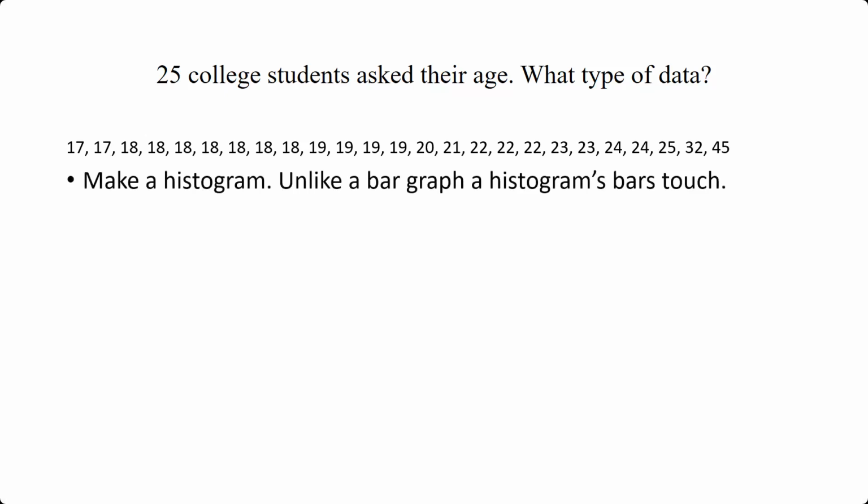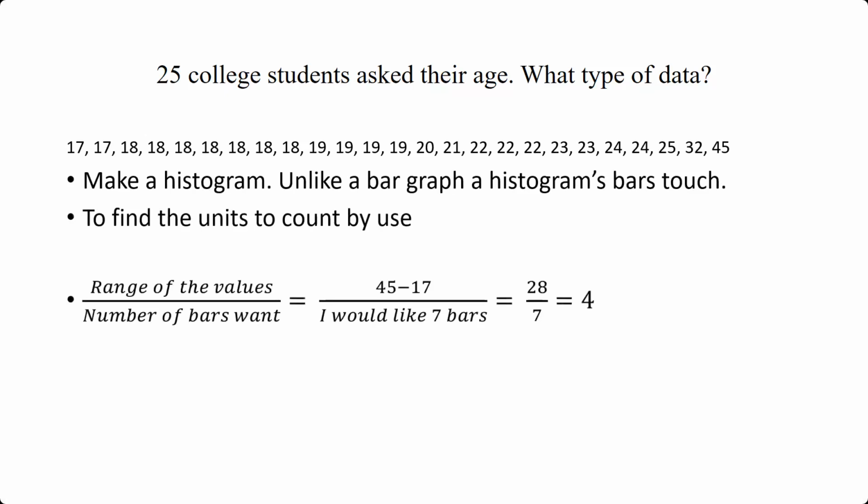So if we want to make a histogram, unlike a bar graph, histograms touch. The numbers go together because they're continuous, 17, 18, 19, 20. It's not a bar graph. To find what units you should count by, take your range and how many bars you want.